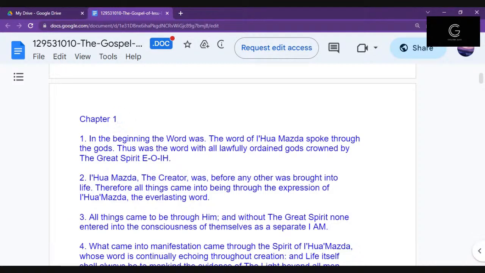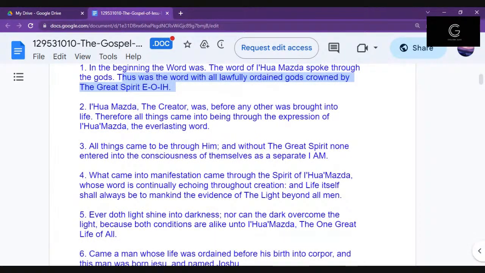So the word of Ahua Mazda, or the God, not the creator, the God spoke. The word of Ahua Mazda spoke through the gods. Thus, the word, with all lawfully ordained gods, crowned by the great spirit Ioa. Ahua Mazda, the creator, right?